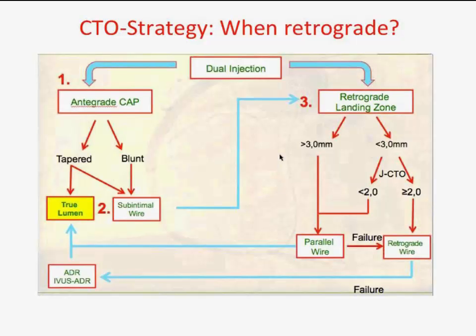If the landing zone is less than 3 millimeters, we check the J-CTO score. If it's low, there is probably still a chance to get antegrade with a parallel wire. If it's high, more than 2, then we put a retrograde wire in, and if we fail with the retrograde wire, we could come back to dissection reentry or IVUS-guided dissection reentry. That's my personal modus of how I get through CTO procedures.